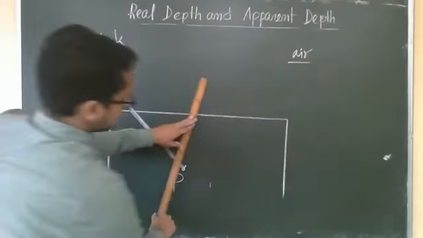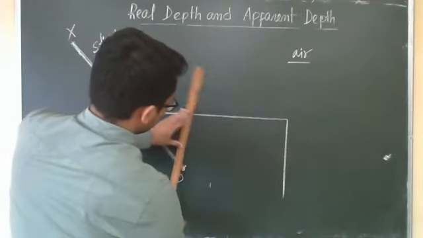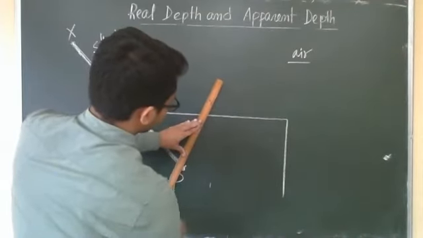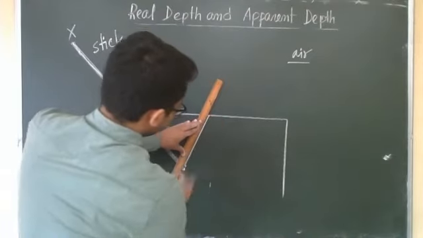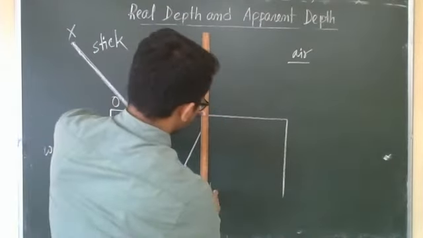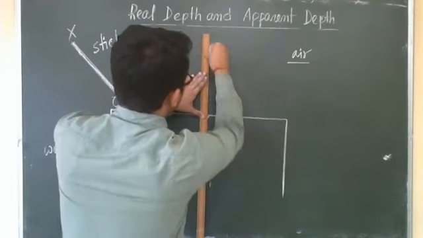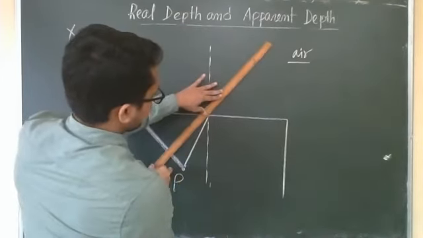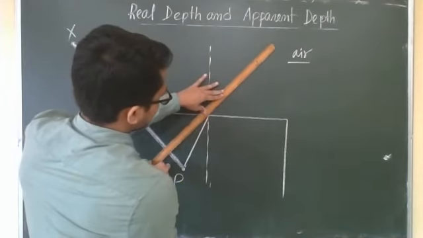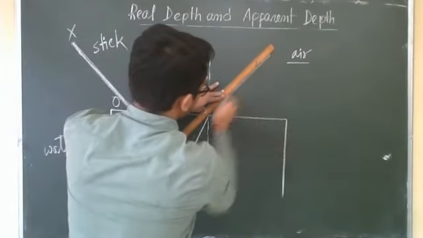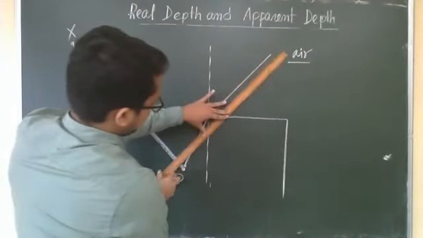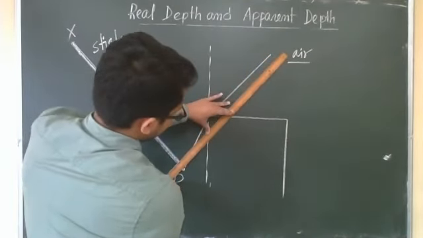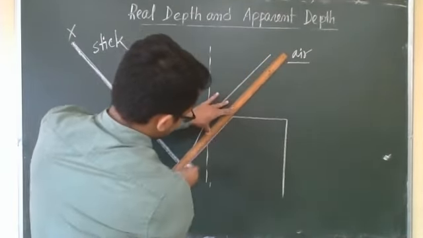So take two rays. One ray here, draw the normal. Obviously it will bend away from the normal. Take another ray here.